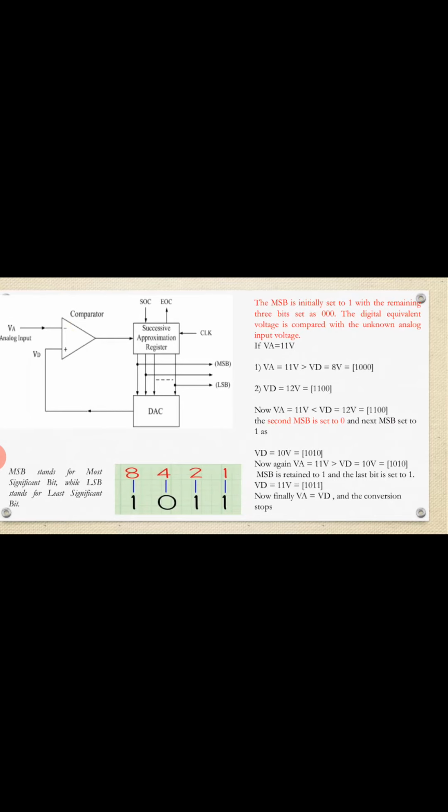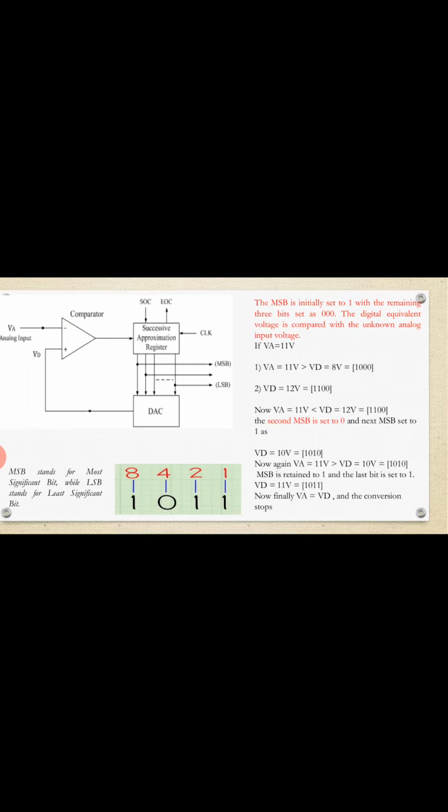The equivalent of 1000 is 8 volt. Now it is compared with 11 volt, VA. 11 volt is greater than VD. VD is the digital to analog conversion output, which earlier was digital 1000, that is 8 volt. I hope it is clear.